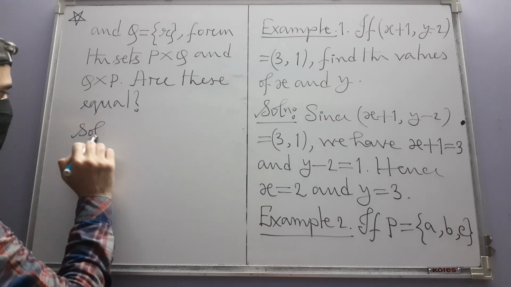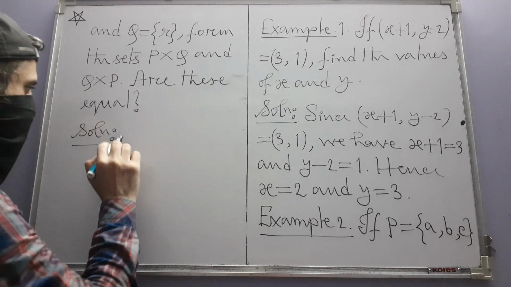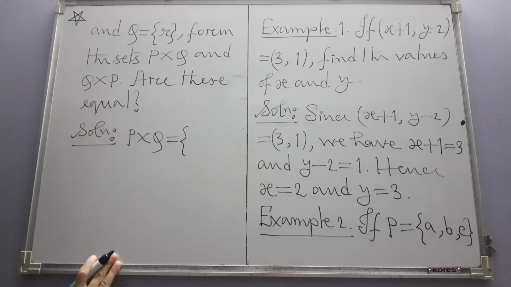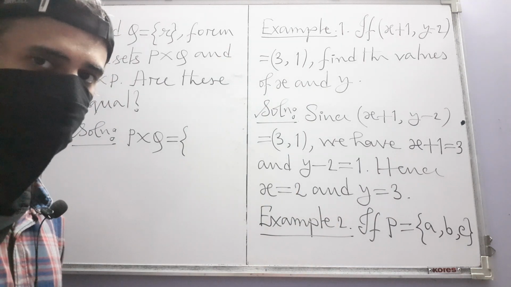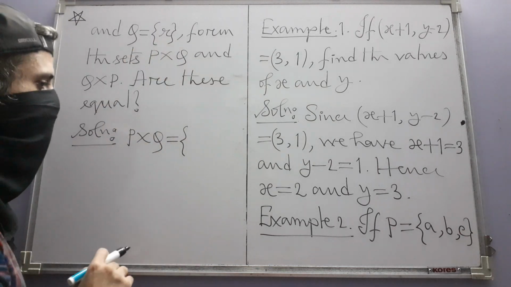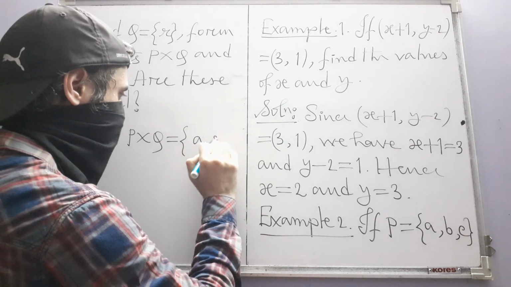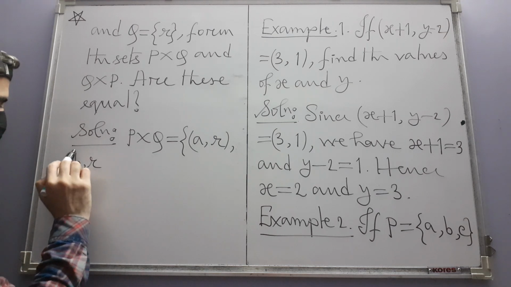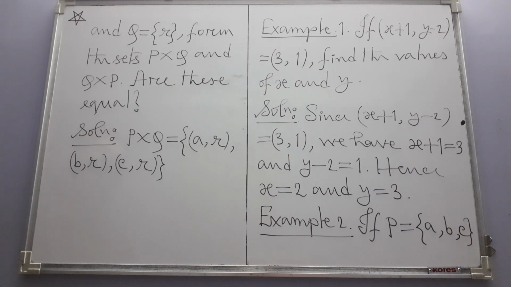Okay, so without writing sentences much, let's just straight away find the sets. So P times Q will consist of all ordered pairs where the first component is going to come from P and the second one is going to come from Q. So the second one can only be R, but the first one can be A, B or C. So we will get these ordered pairs: AR, BR and CR.